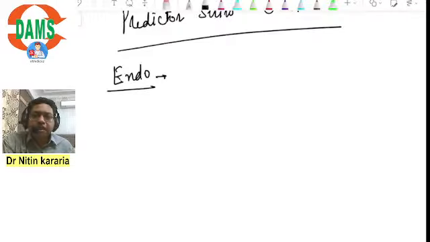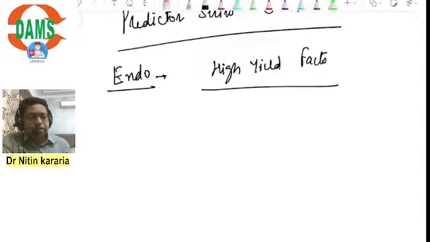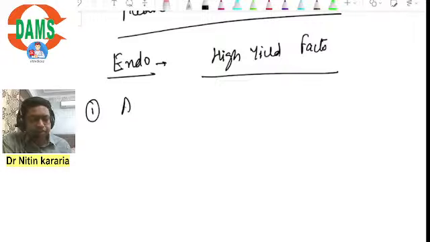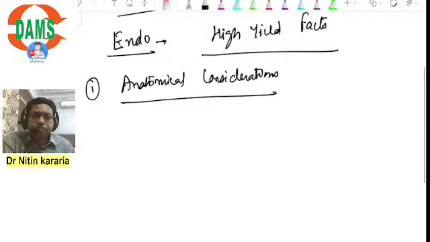Now in endo, some high yield facts. The first section would consider the anatomical considerations. Some important anatomical considerations I would tell you.